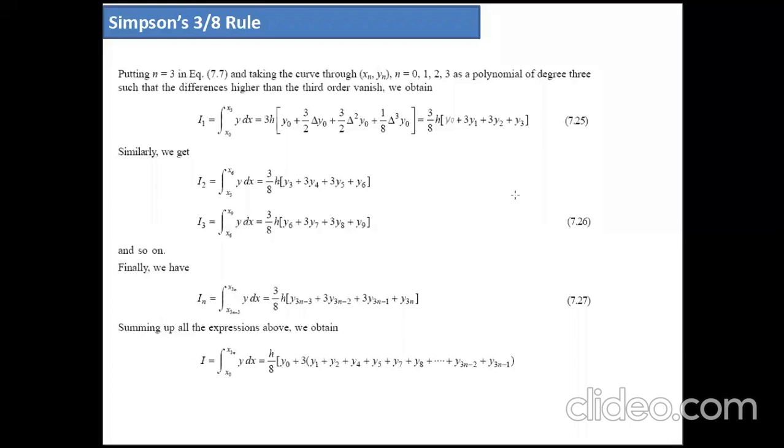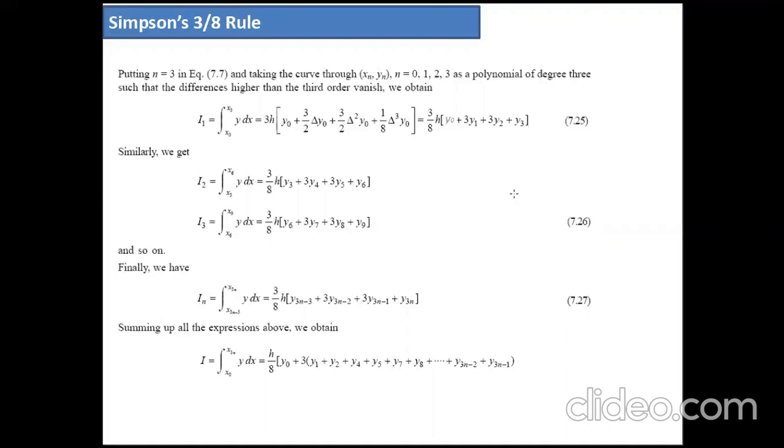So we put n is equal to 3 in our Newton-Cotes equation, that was 7.7. And the second supposition is that the function used for integration is a polynomial of degree 3.